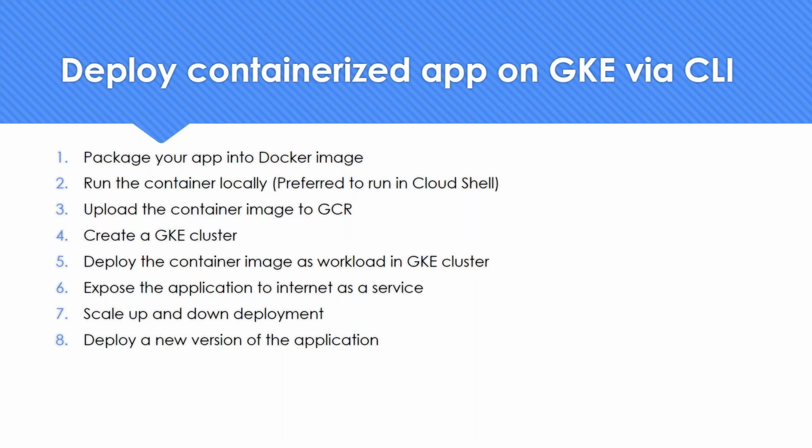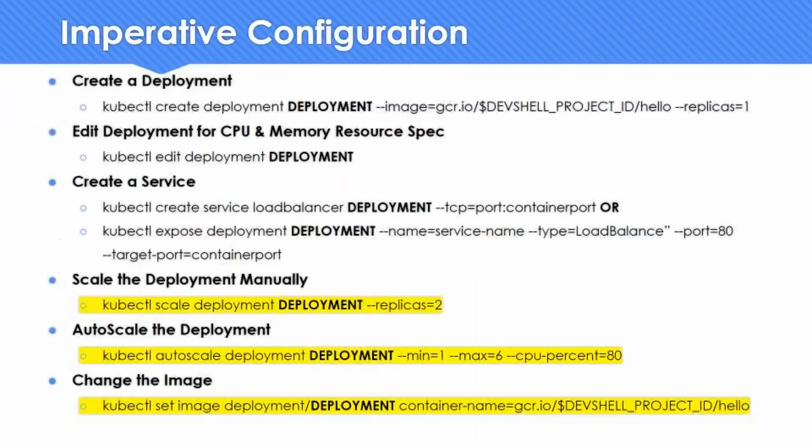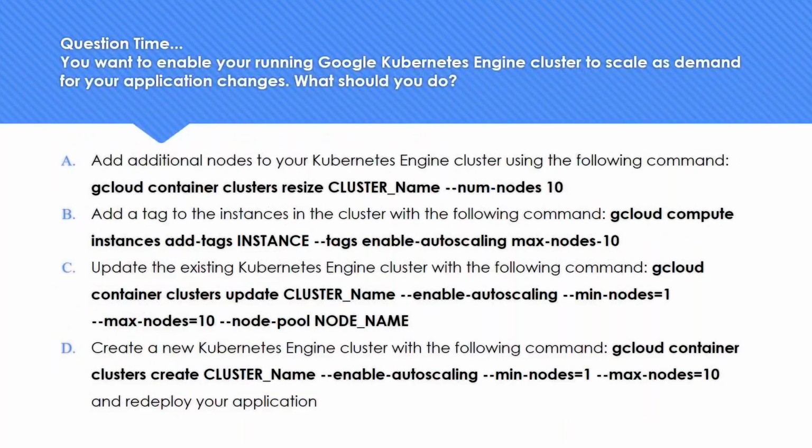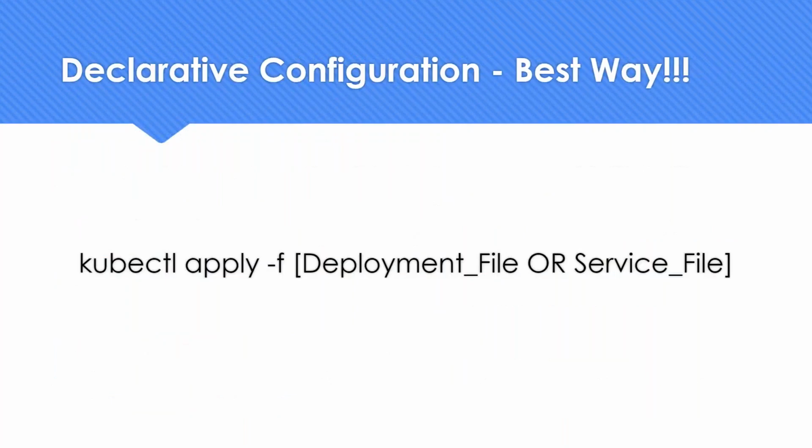You mention it, and it's going to create it for you, instead of running these commands, which are very difficult for someone to remember. Power users usually use this if you want. But the best approach I would say is to always use declarative configuration. So you saw that value by yourself, I would say.